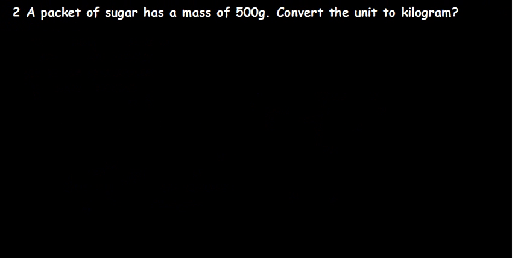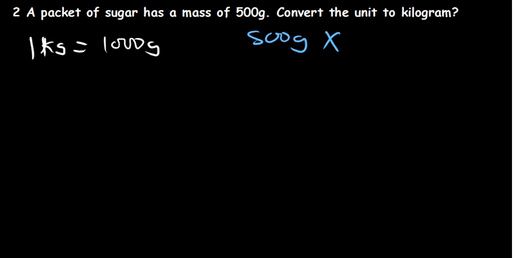Now I've got question 2, which is saying a packet of sugar has a mass of 500 grams. Convert the units to kilograms. So what we should know again is that in 1 kg we have got 1000 grams. Therefore I can say 500 grams. I'll set the units in such a way that they cancel each other.